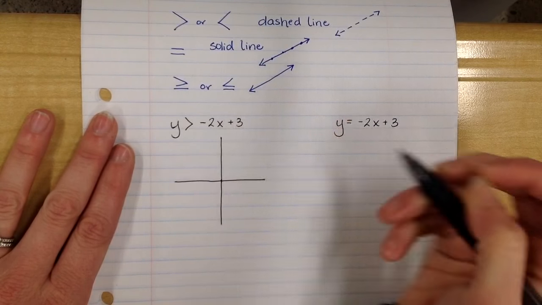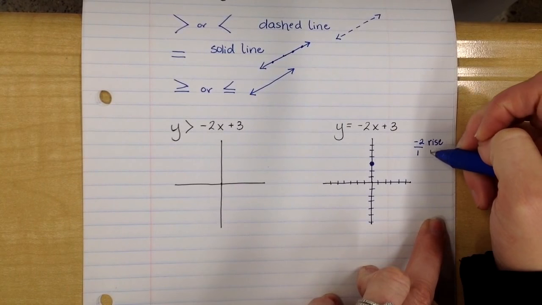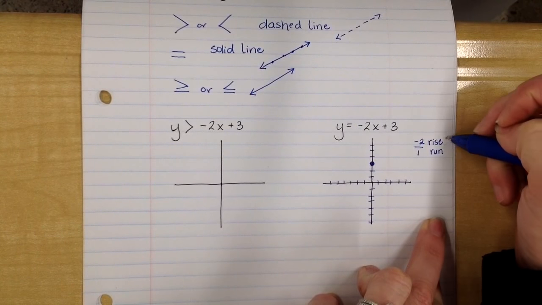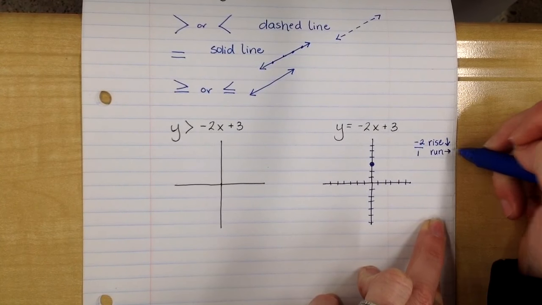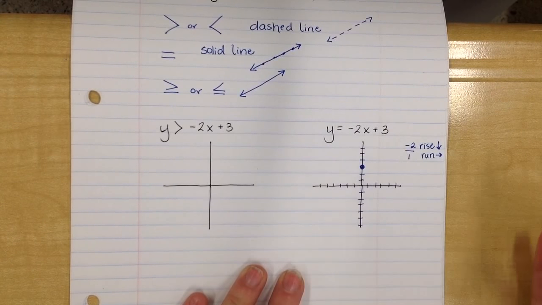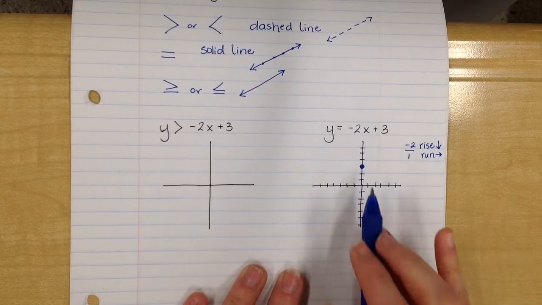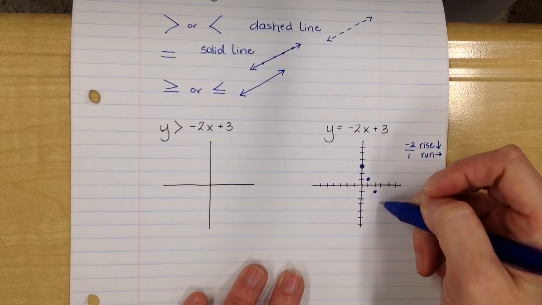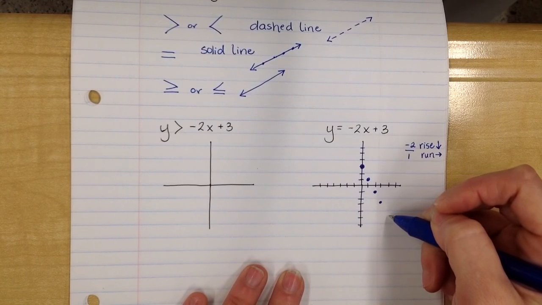And here we go. 0, 3 is our y-intercept, and then our negative 2 slope tells us we need to make that into a fraction: negative 2 over 1, rise over run, which means we're going down 2, and the positive 1 tells us we're going to run 1 to the right. So down 2, right 1, down 2, right 1, and so on.